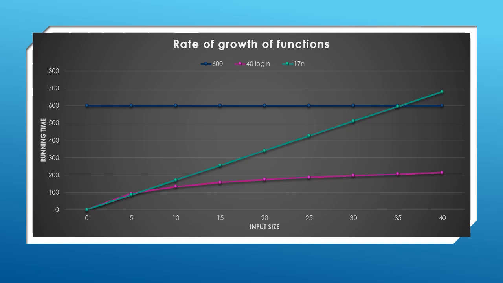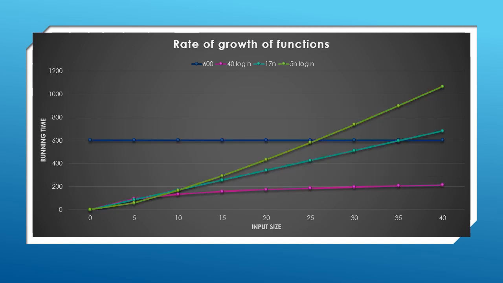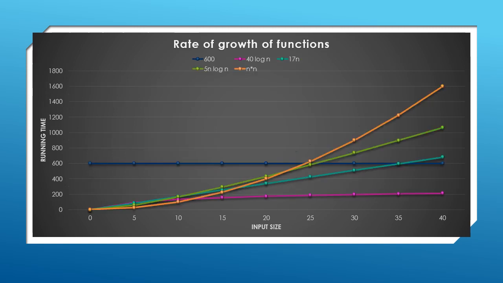A faster growing function than this is the linear function 17n. But even though 17n is faster, it is still no match for the linearithmic function 5n log n. The one with the steepest curve is the quadratic or n squared function.